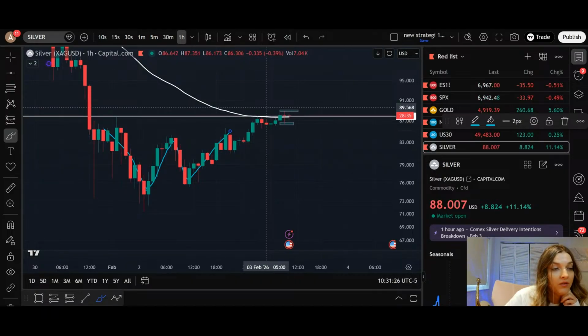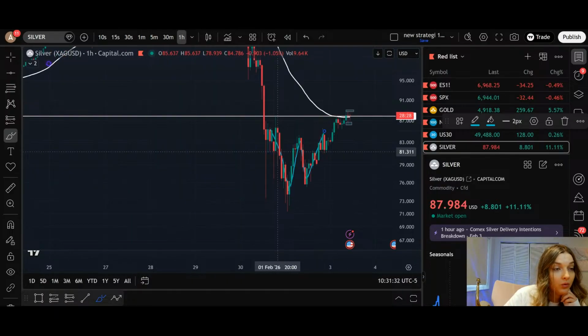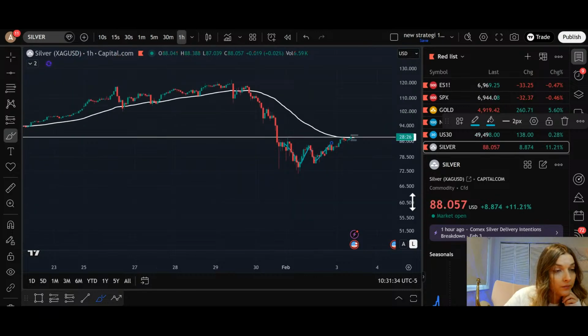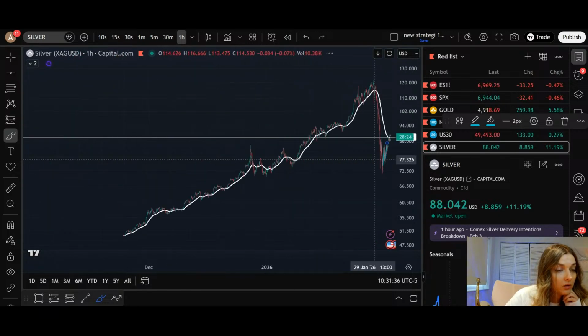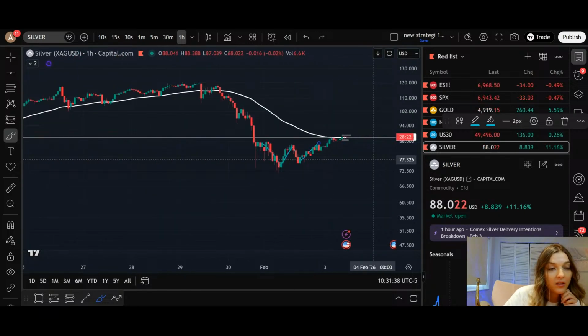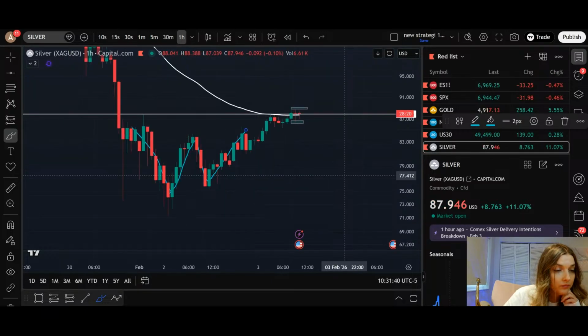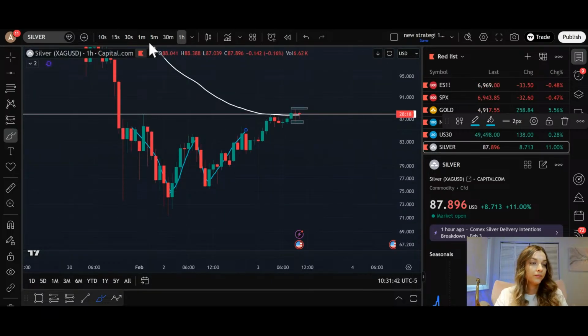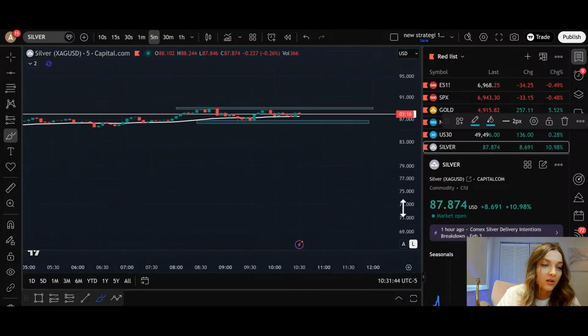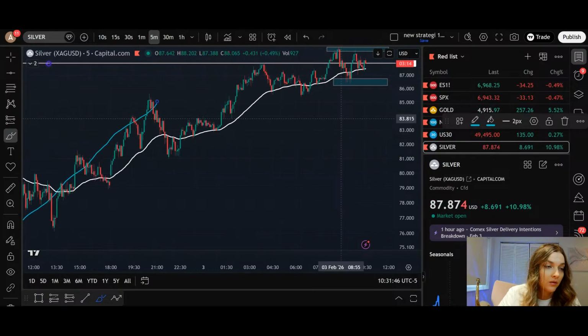But it's just having a little trouble on an EMA. But it is a W on 1 hour, which is strong. W patterns are very strong. We'll see. But right now, stay away.